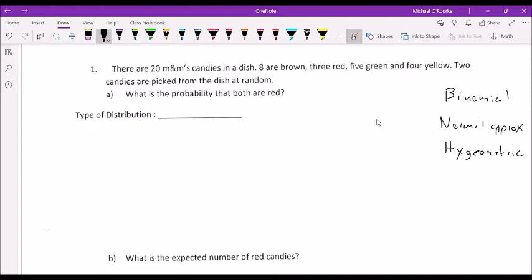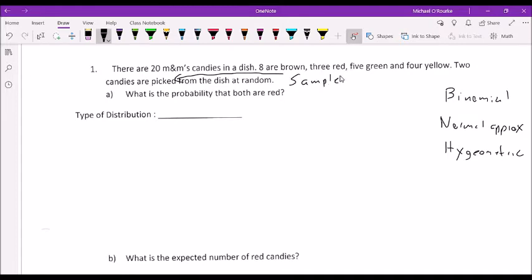And hyper is the S word, not the 4-letter S word, but the longer S word. Sample. So when you pick things, that is a sample.